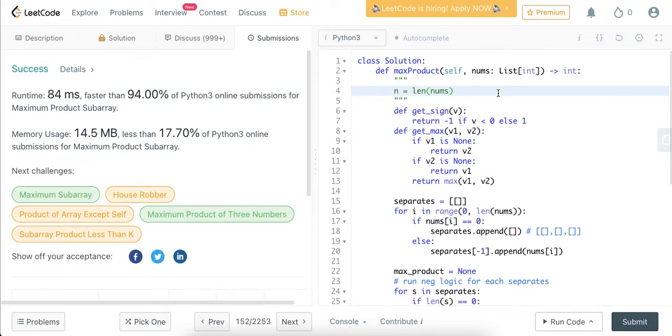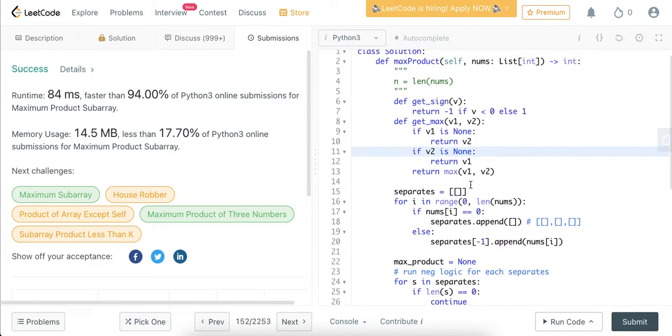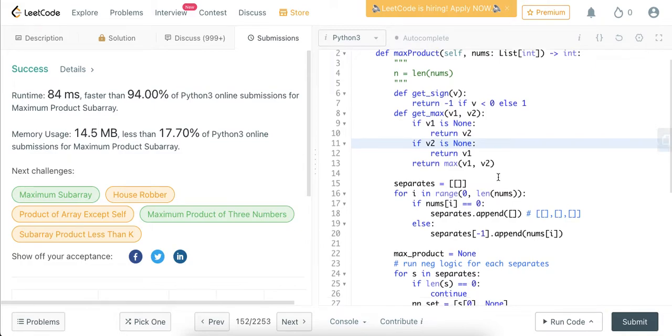The membership inside the nums. For this, the get sign will be big O(1). We don't do any looping here, it's just comparison. This is also big O(1) because there is no loop and no recursion. Yes, this is multiple lines, but in terms of big O notation, this is just big O(1), a constant.